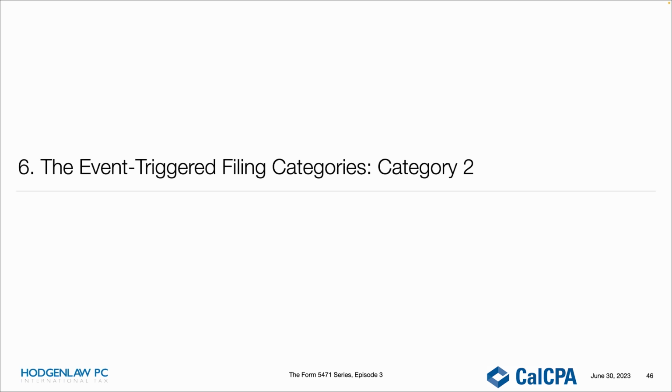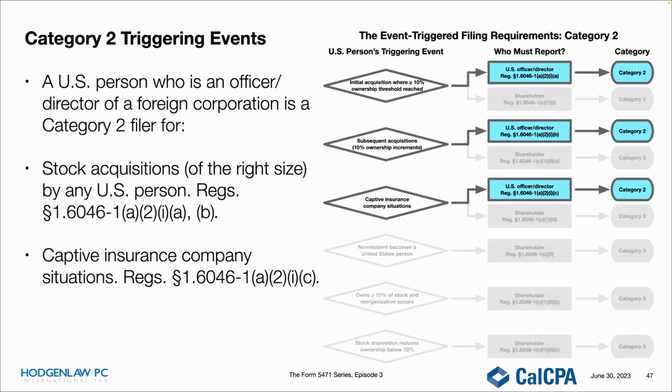All right, let's wrap up in the last 10 minutes with the event triggered filing requirements, categories 2 and 3. Start with 2. Category 2 is for a U.S. individual who is an officer or director of a foreign corporation.